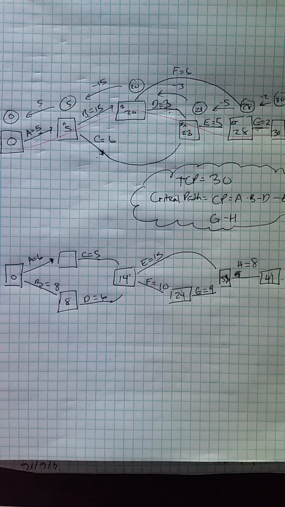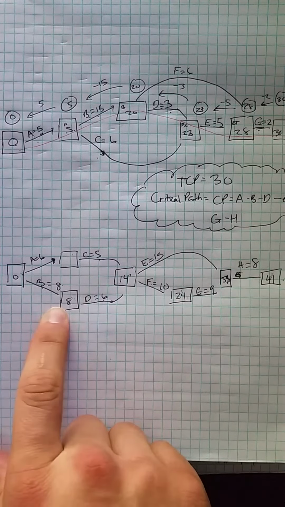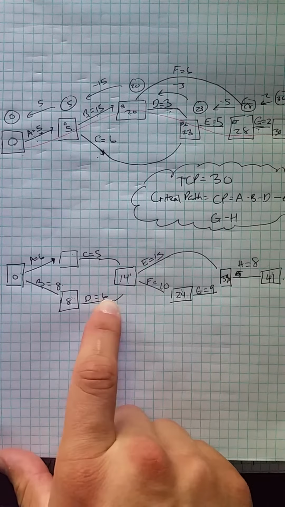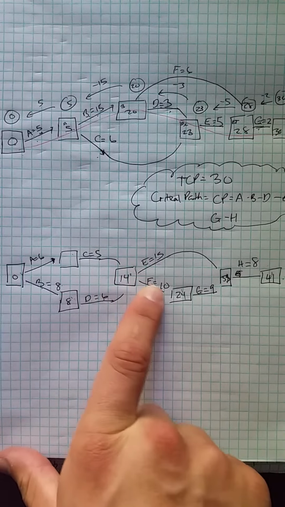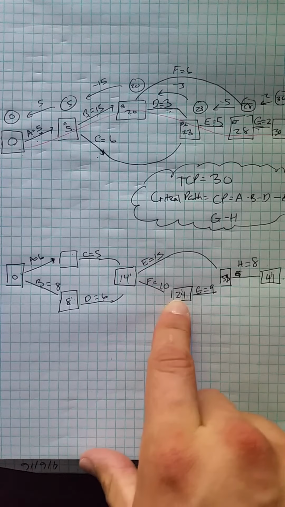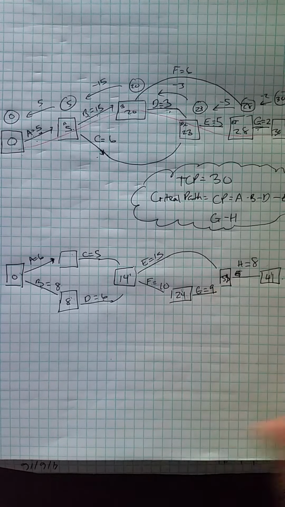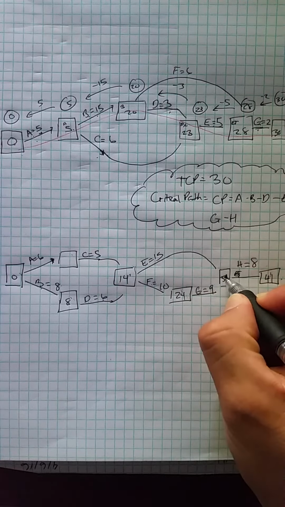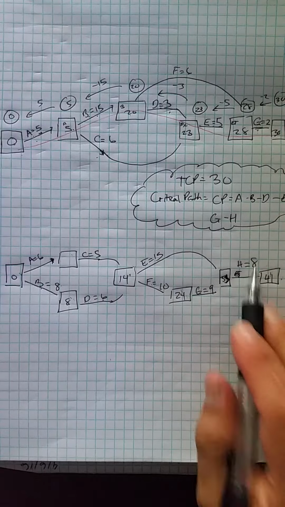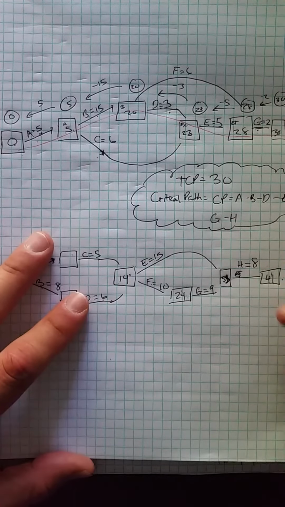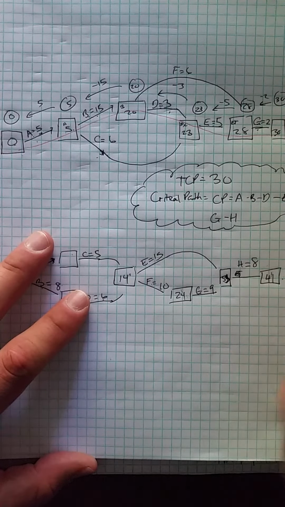Again, I'm going to double check my work. 8 and then 6. 8 plus 6 is 14. 14 plus 10 is 24. 24 plus 9 is 33. 33 plus 8 is 41.